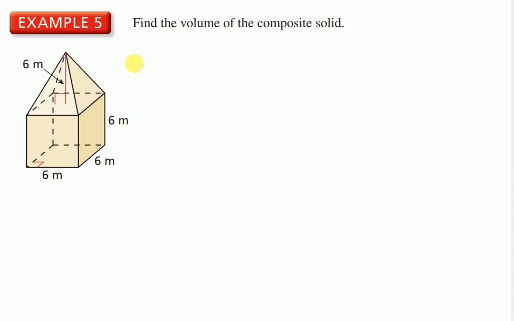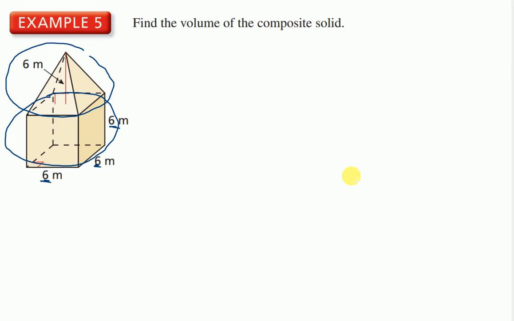We have a composite solid. That gives us the pyramid and this prism. It's a rectangular prism, but you'll notice it's actually a cube. The volume of the total is the volume of them combined, so I have to add them together.